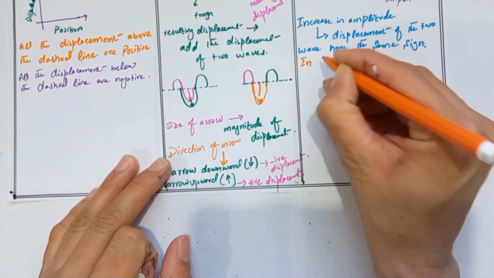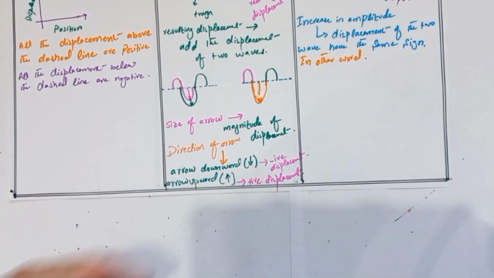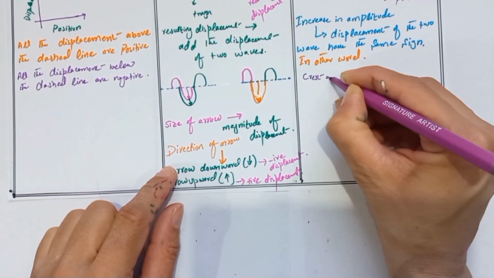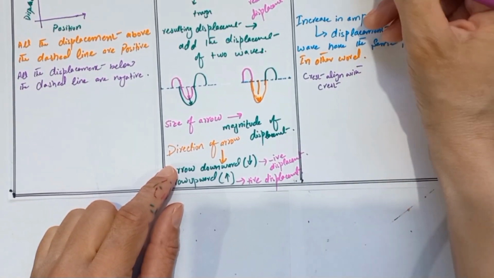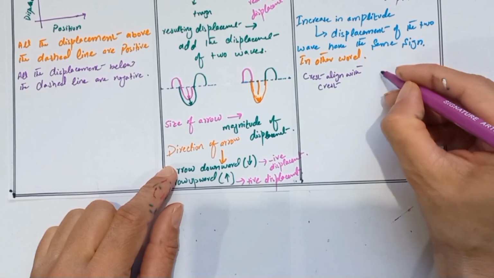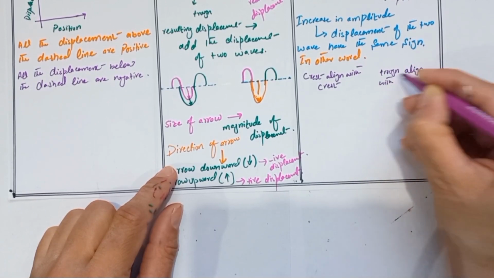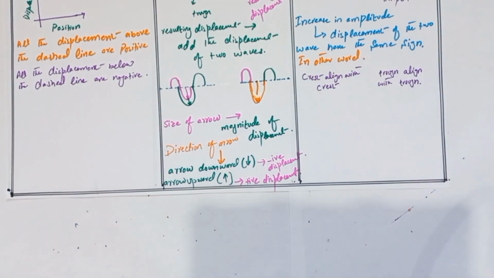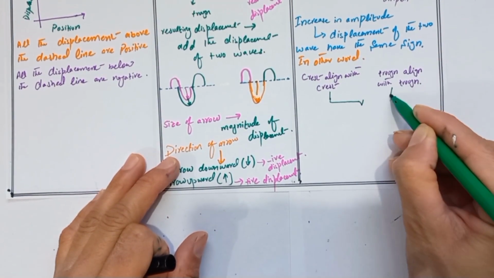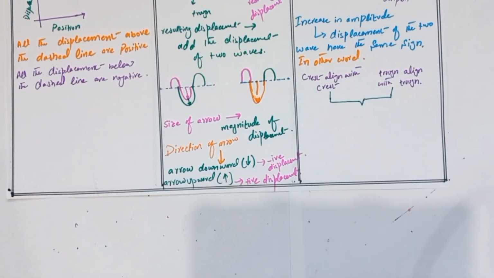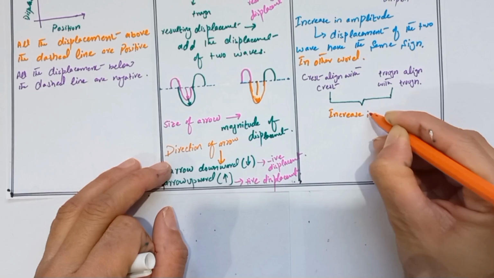In other words, when crest aligns with crest and trough aligns with trough, they give us a resultant wave with increased amplitude.